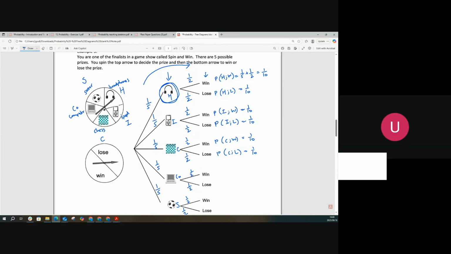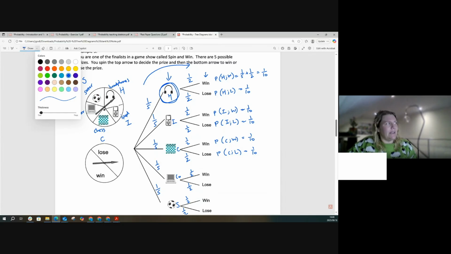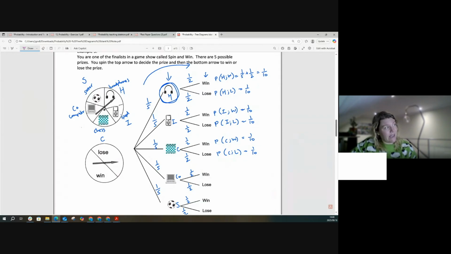Okay, no problem. So basically what's happening here is that when we have a tree diagram, for the first option we have to look at how many different options we have, and that tells us what the probability would be. So if we're looking at a spinning wheel type situation and we spun the wheel, it's going to land on one of the 5.